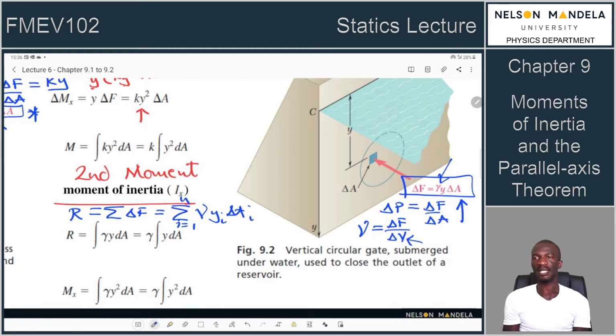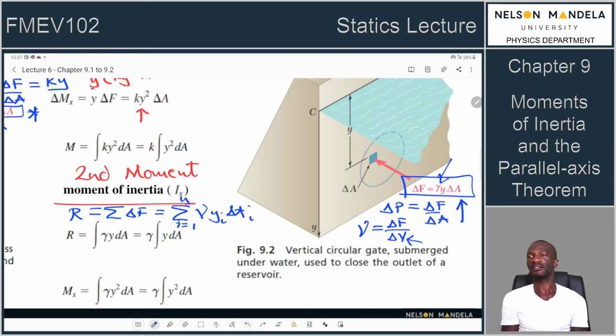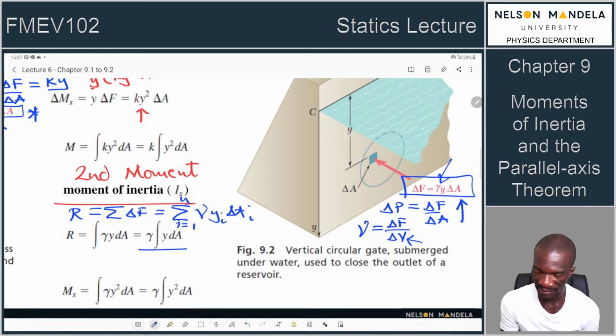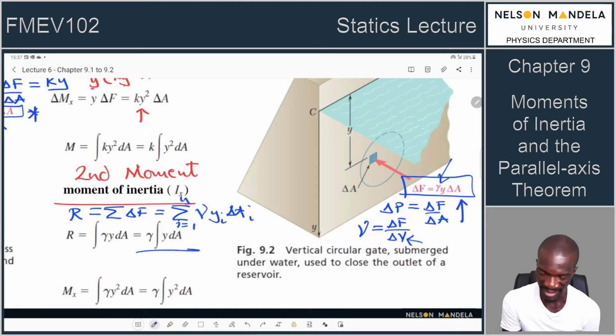So basically from this, we get an equation R is equal to, instead of summing up, we integrate using calculus. So that's why we now have our gamma y dA, and then we can find the resultant force using this equation.